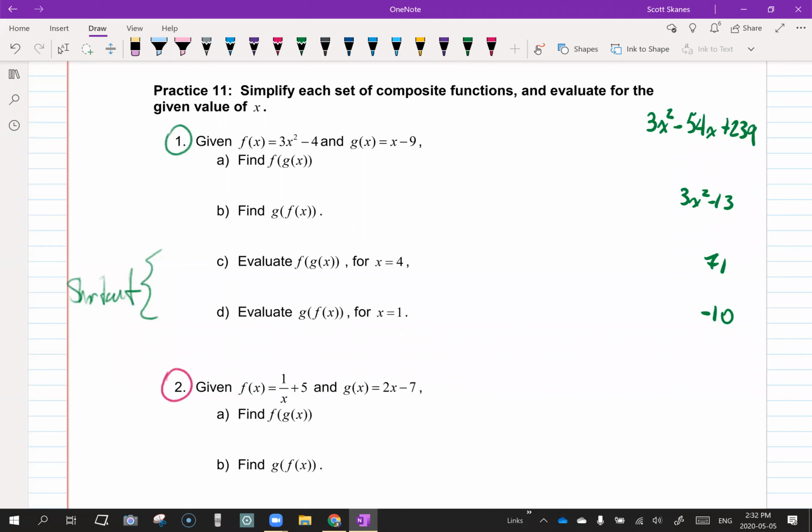A couple of small issues: 75 for C doesn't look quite right, but we can take a look at that. I'm going to start writing out what I think these are, and we'll compare.